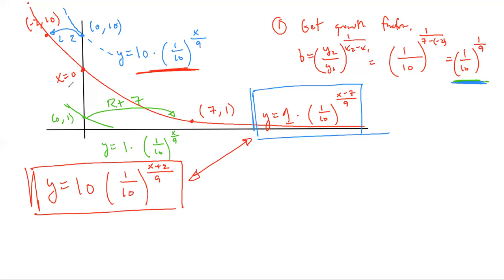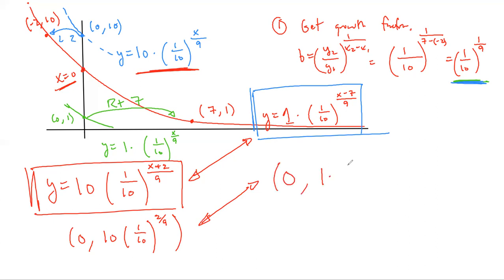If I wanted to know the initial value, I could put 0 in for x into either of these. The initial value would be (0, 10 times 1/10 raised to the 2/9 power). Or an alternate initial value, which is the exact same value, would be (0, 1 times 1/10 raised to the negative 7/9).